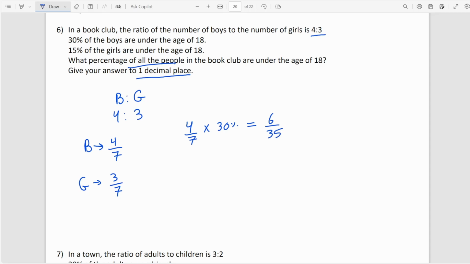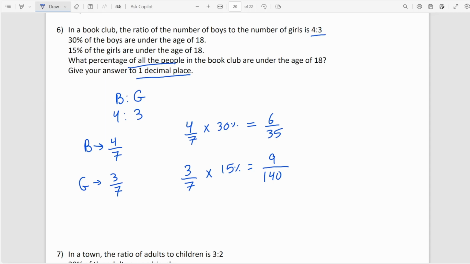So now, as for the girls, we have 3 over 7 multiplied by 15%. And again, I will go ahead and plug this on the calculator. We get 9 over 140. Okay, so this is the proportion of the entire club of girls that are under the age of 18.